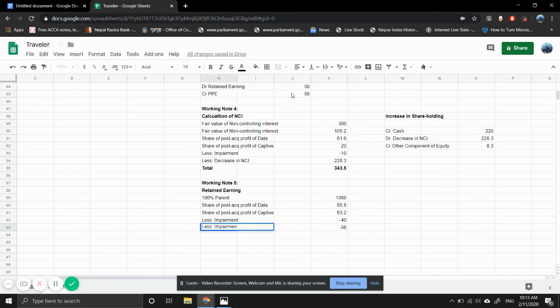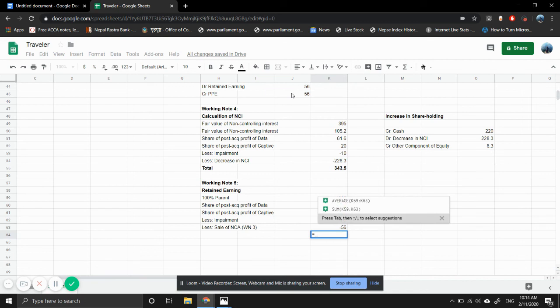This is not impairment, it's about sale of NCA, which is from working note 3. So once all this is done, let's sum it up.